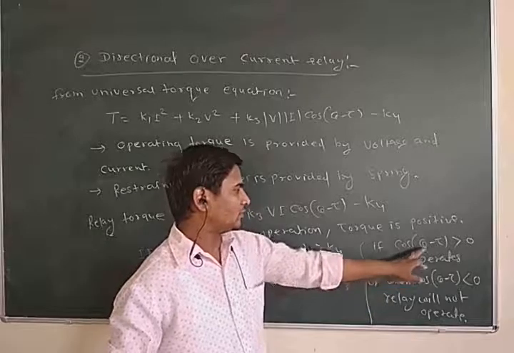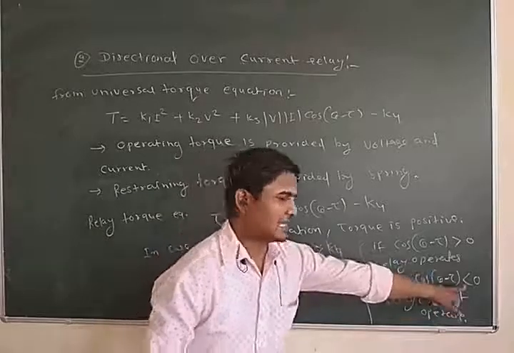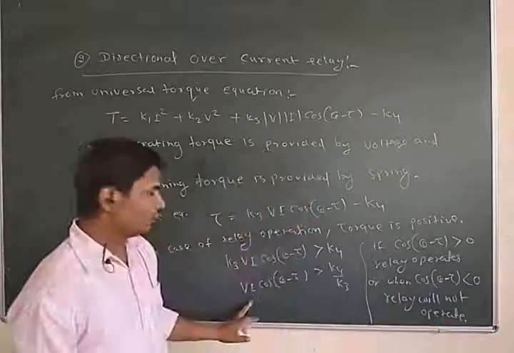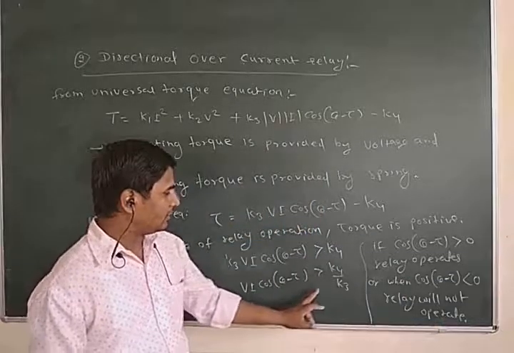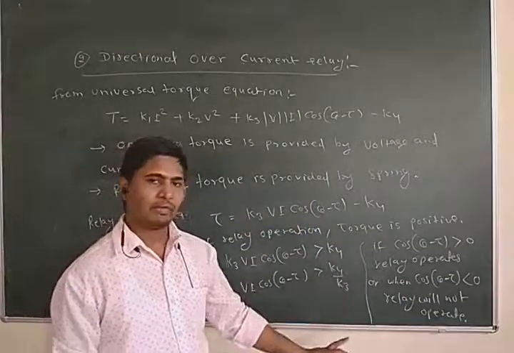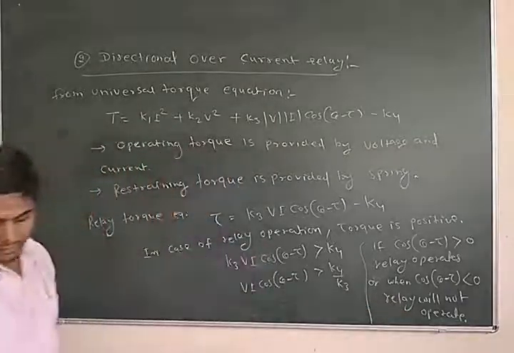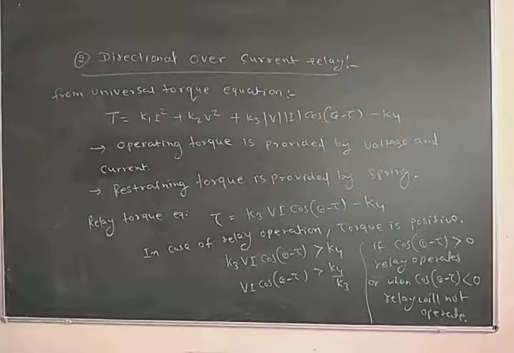If cos(theta minus tau) is less than 0, meaning negative, then our torque will be negative and less than K4 upon K3, so our relay will not operate. So this is the working of the directional type overcurrent relay.